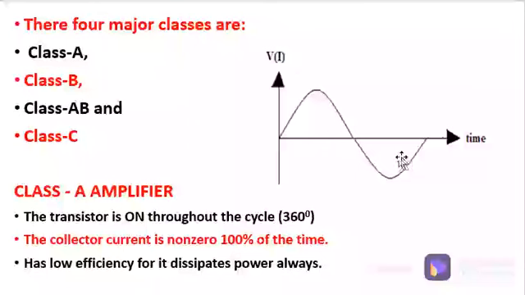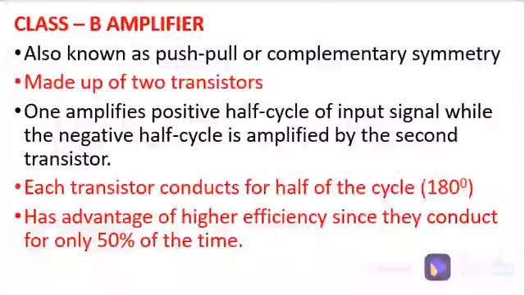Then the negative is taken care of by transistor number 2. So each transistor, as we have stated, is conducting for the half of a cycle, that is 180. And for this reason, we have advantage of higher efficiency, because the transistors are working only for 50% of the time, unlike the class A, where the transistor is always working.